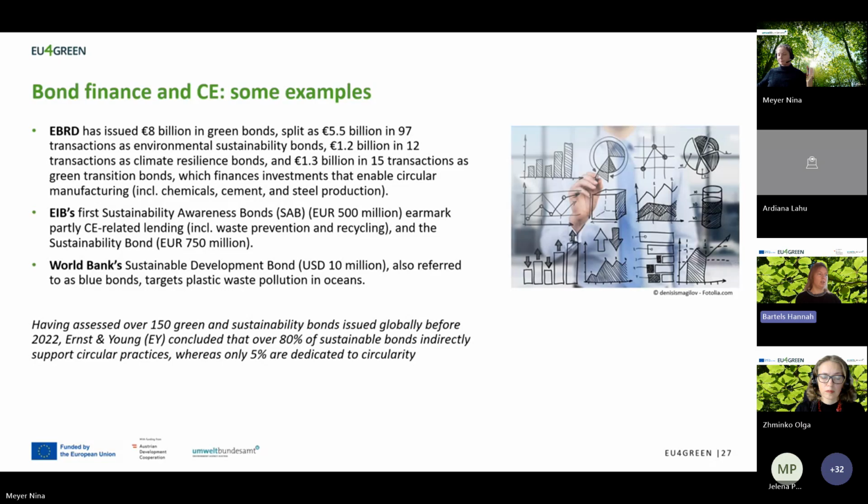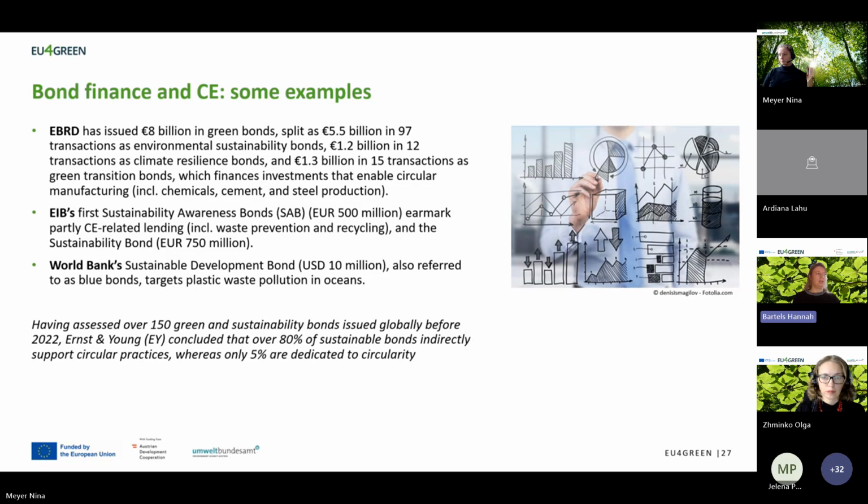Here they argue that over 80% of the sustainable bond proceeds are indirectly supporting circular practices. However, only 5% are particularly dedicated to circularity. So we see that there's still room for improvement and also really dedicating the proceeds to circular activities and not only having it as a byproduct, which is of course also already a good starting point.